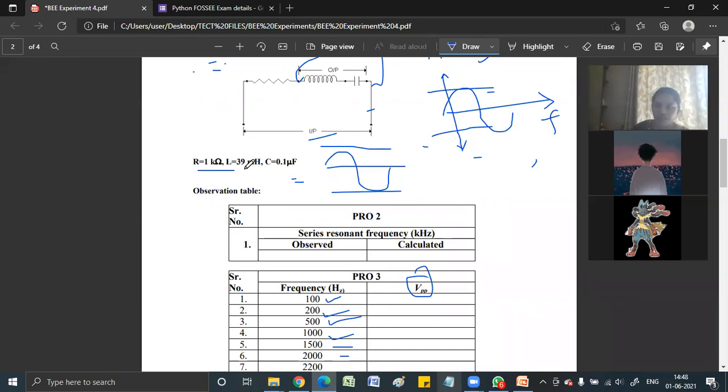Can you tell me what is the frequency you're getting? The value of the resonant frequency. How much is the value? 1 upon 2 pi root LC.